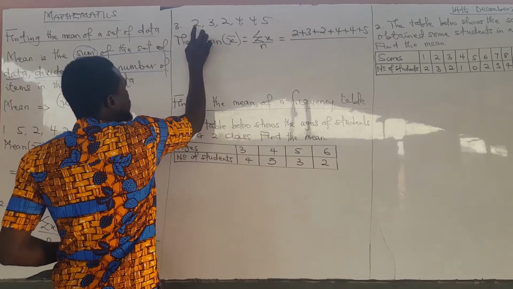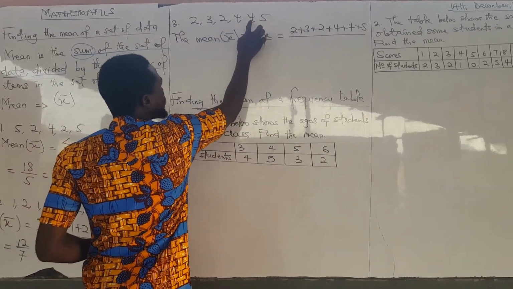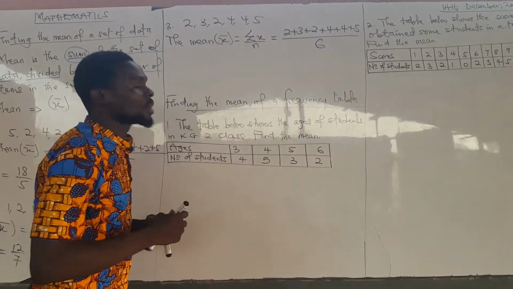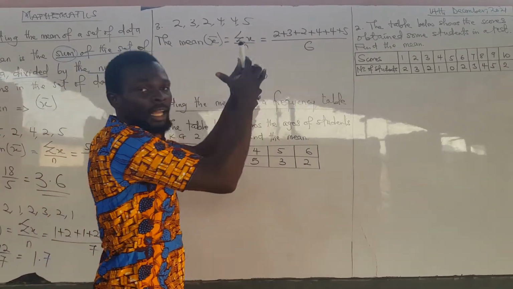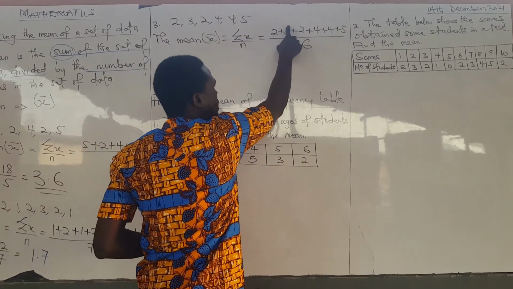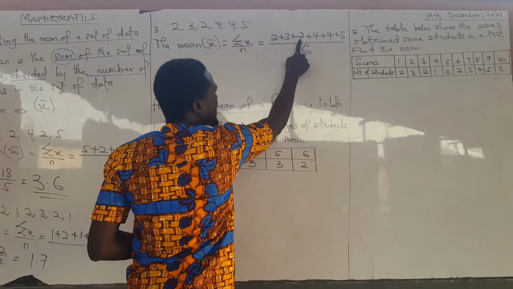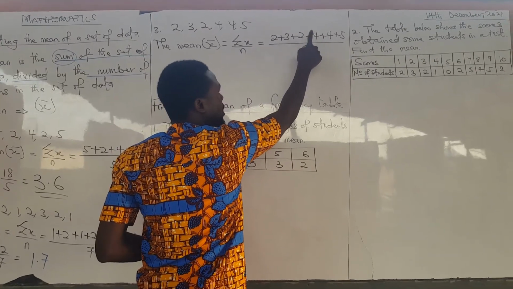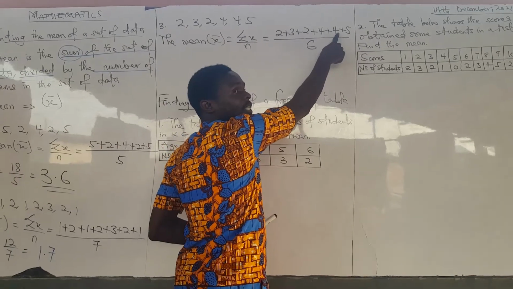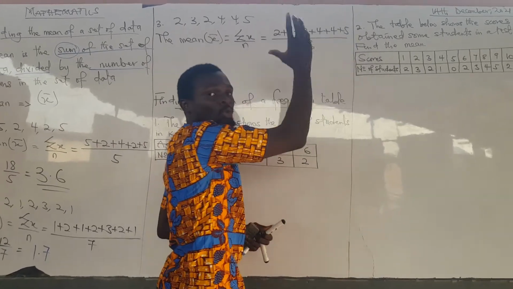So we are having 1, 2, 3, 4, 5, 6, so over 6. Now put the set of data together. So this plus this is going to give us 5. Plus this is 7. Plus this is 11. Plus this will give us 15. Plus this will give us 20.